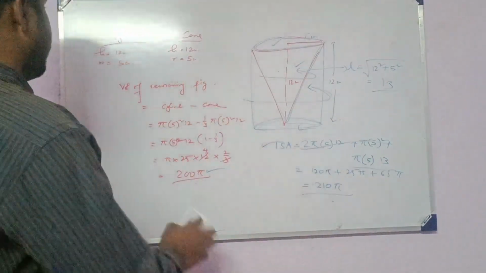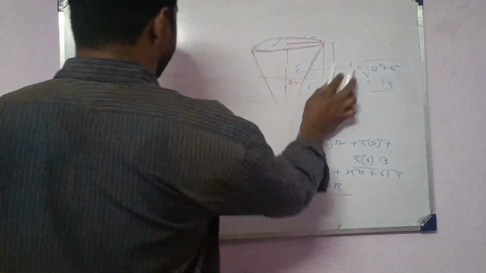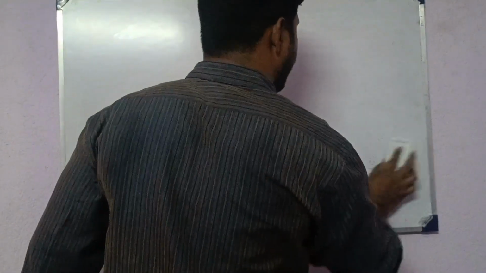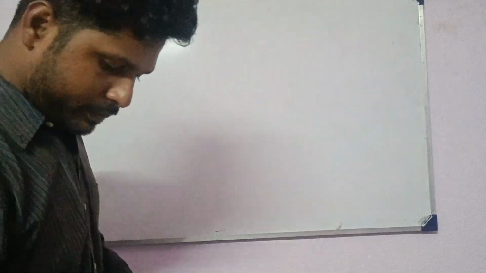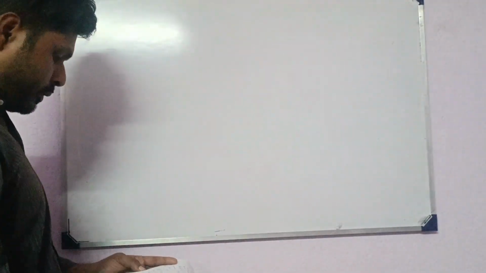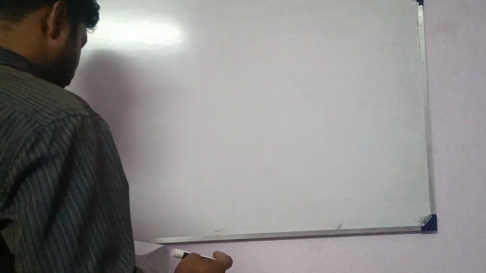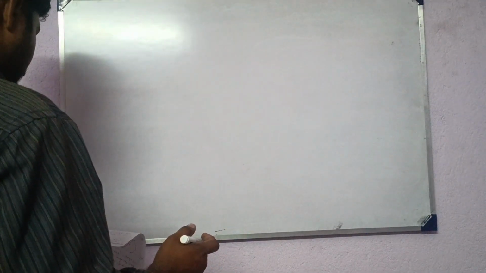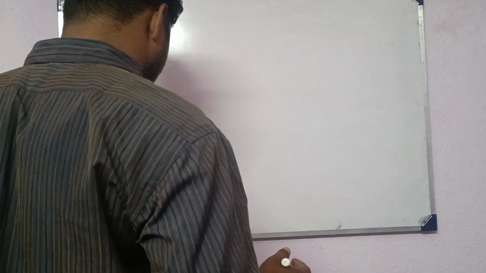Now moving to the next sum. Water comes out through a pipe of diameter 14 centimeter at the speed of 240 meter per second.